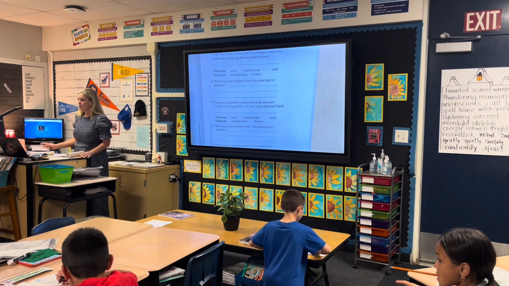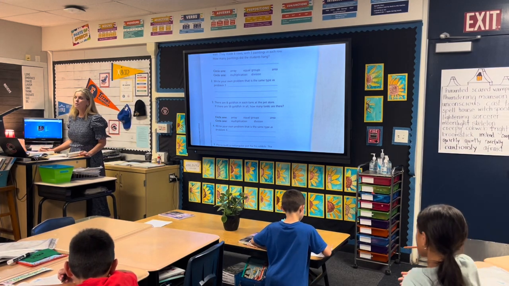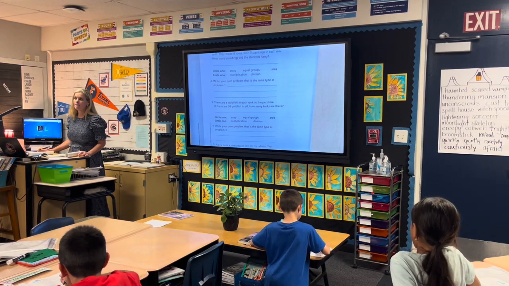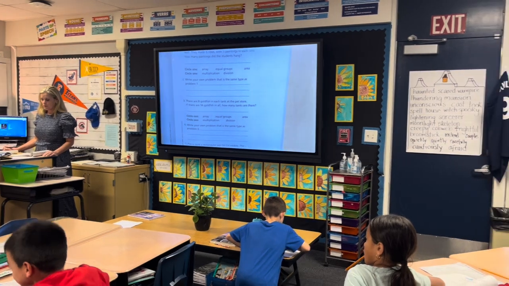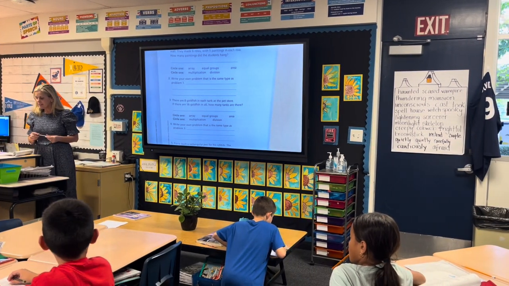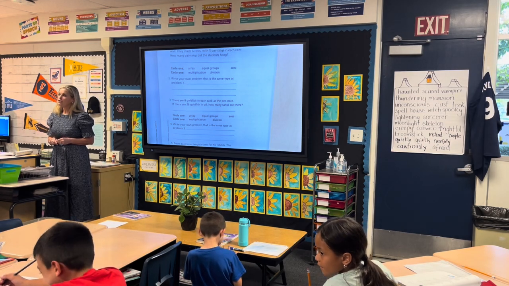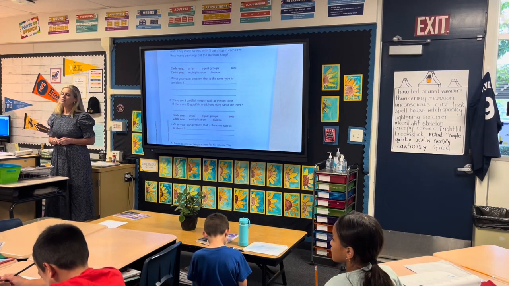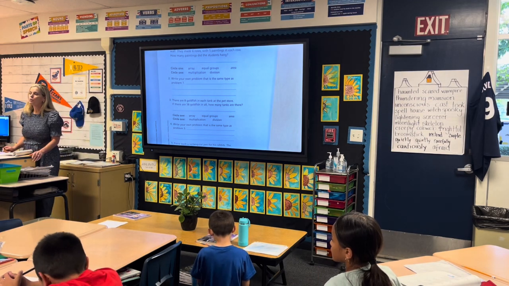Number 1, was it an array, equal groups, or an area? You were doing 6 rows with 5 paintings in each row. Is that an array? Or is that an area? Or is it an equal group?